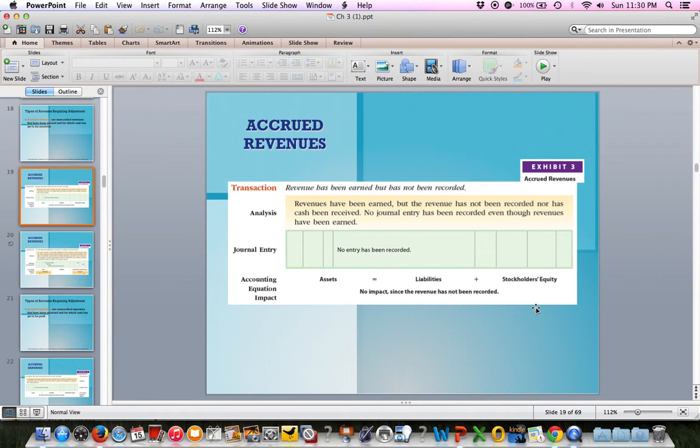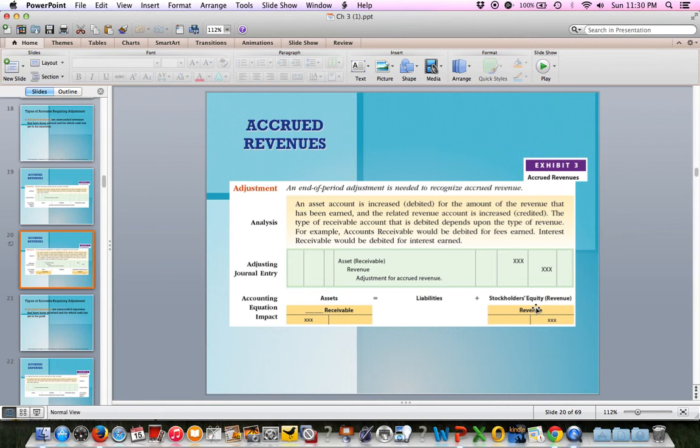And so we get to the end of the month, or whenever the accounting period is, and we make this entry right here. It says an asset account is increased or debited for the amount of revenue that's been earned, and the related revenue account is then increased, and then we have some kind of a receivable account. Typically, accounts receivable, possibly fees receivable, something like that. Okay, some receivable that says somebody owes me money.